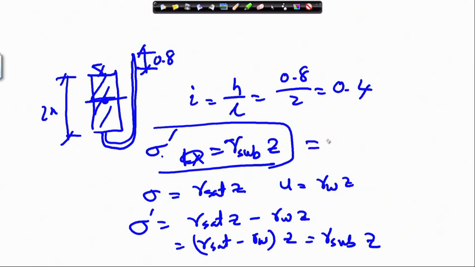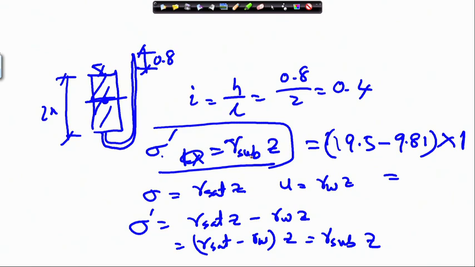So, gamma submerged: 19.5 is given as the saturated unit weight, and for submerged we have to subtract 9.81, and Z is, since total depth is 2 meter, at the middle of the layer, 1. So, you have to multiply by 1.